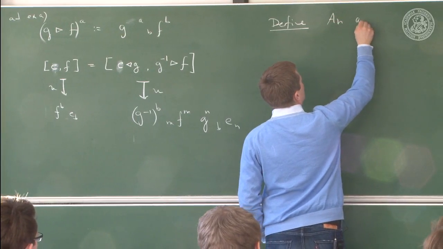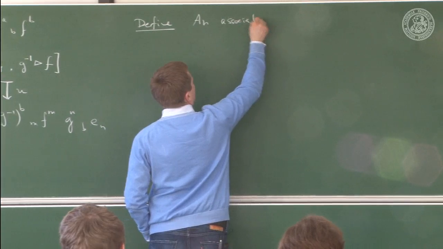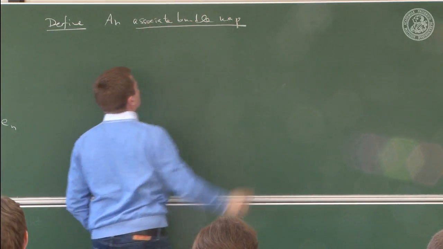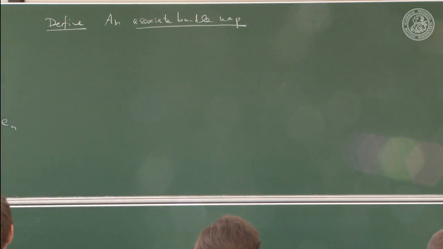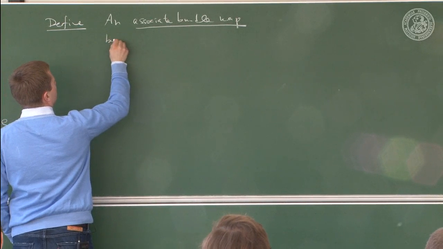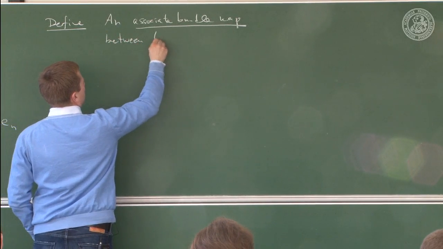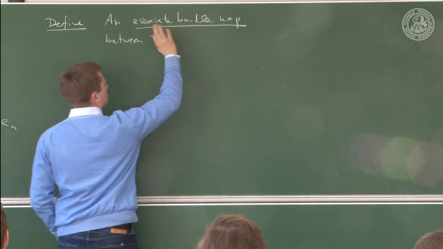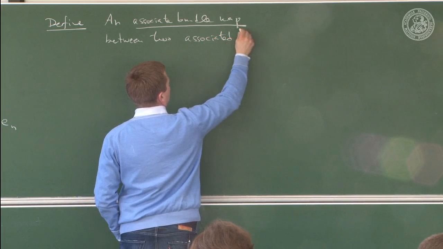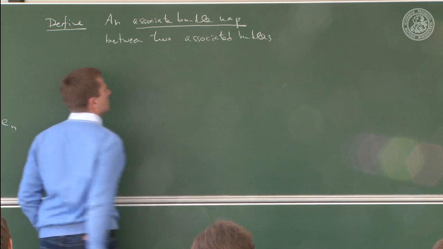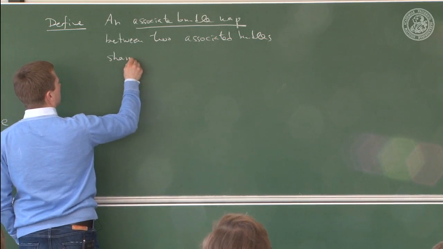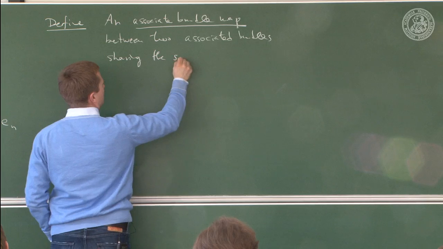So an associated bundle map, rather than just a bundle map, an associated bundle map between two associated bundles sharing the same fiber.